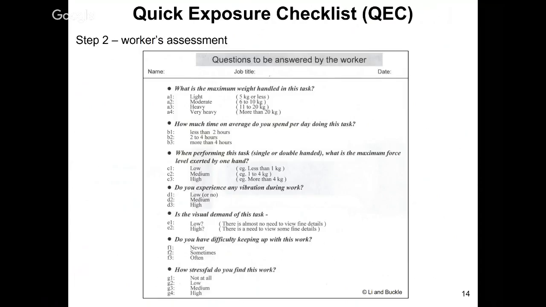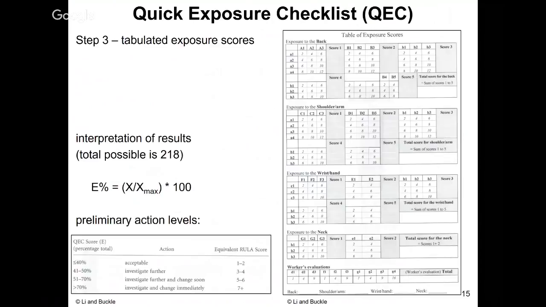The observer could fill out some of this, but you would have to ask the worker these questions about frequency and duration, the weight being handled, and the visual demand. Do they have to look at fine details, or do they not really have to squint or pay much attention visually? Or how stressful is it? You're going to have to ask if they're not filling that out themselves.